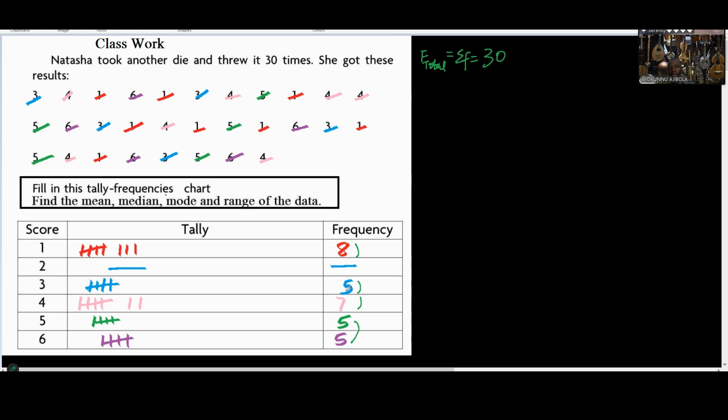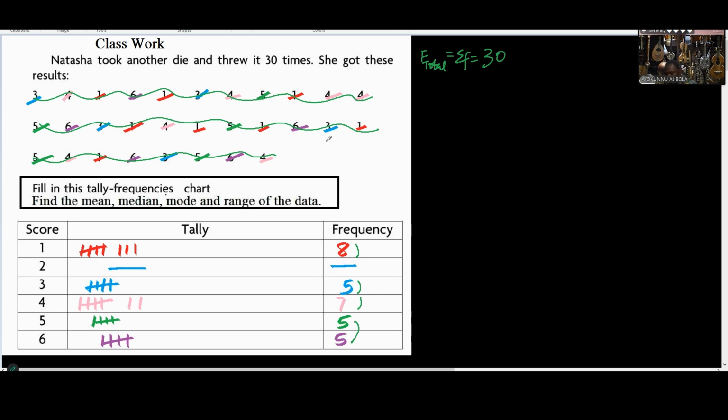This is the tally. But the instruction says we should find the mean, median, mode, and range. To find the mean, we have to add up all of the figures and divide by the total entries, which is divided by 30.